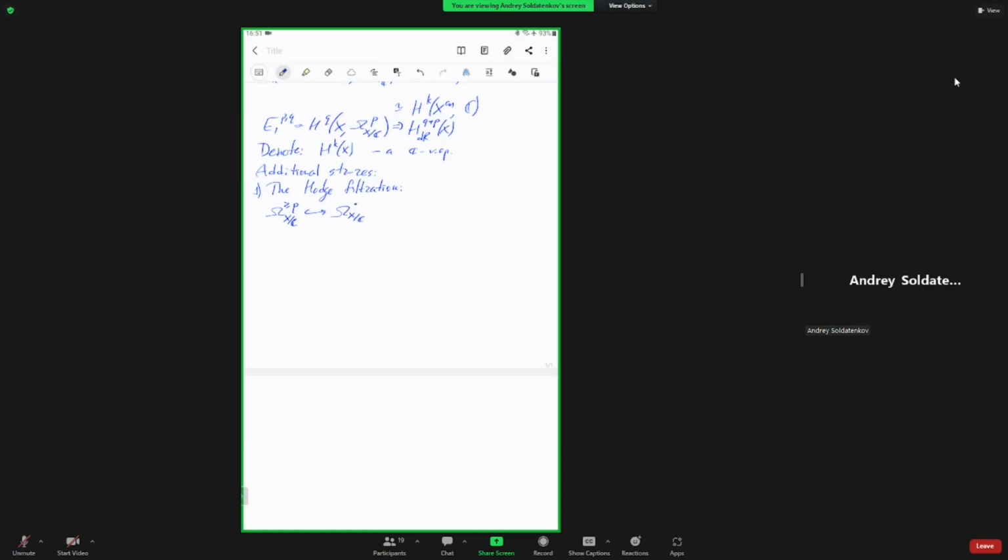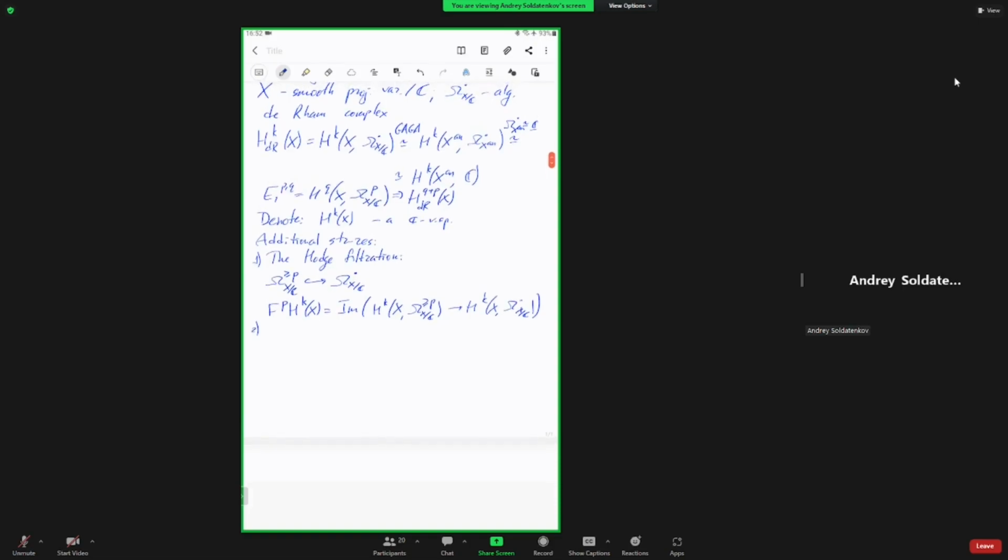We have the corresponding map on the hypercohomology, which will give us a subspace, which I denote by F^p. So this is the image of the corresponding morphism.